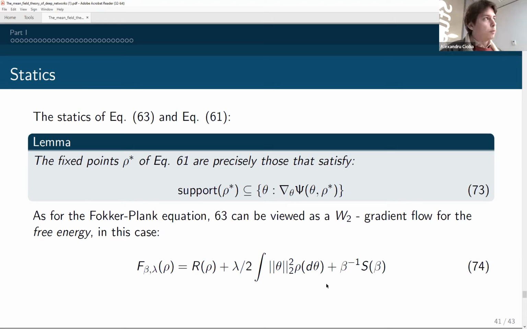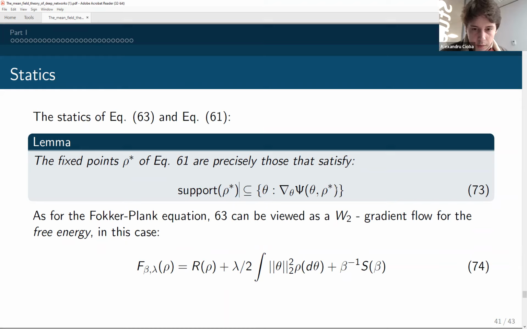And in particular, we don't have any sort of uniqueness result on fixed points. The best that we can do is give a characterization of fixed points in terms of the expected support that we see for the distribution rho.